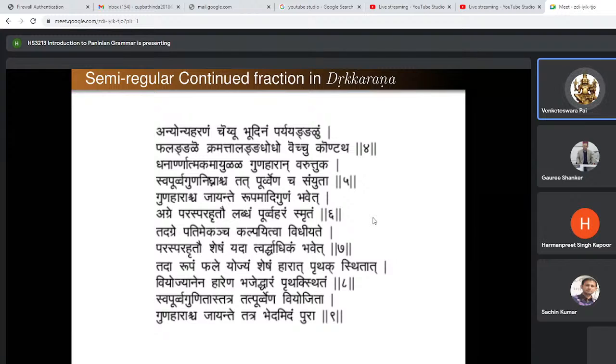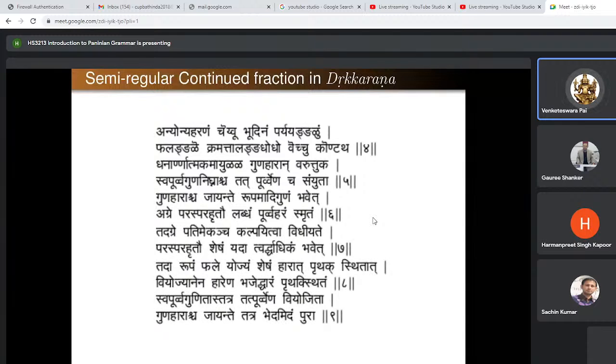But for the first time, Padmanabha Somayaji, the author of Karana Paddhati, gives an explicit technique to find the successive approximations to a ratio of two large integers. Karana Paddhati was composed around 1532 CE.